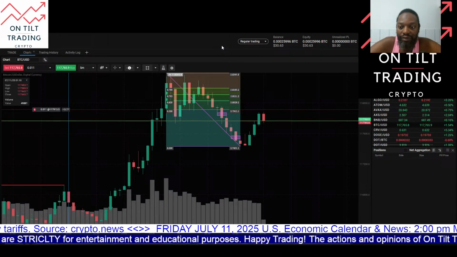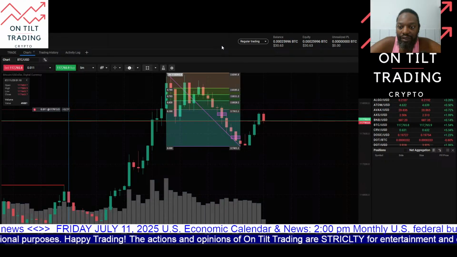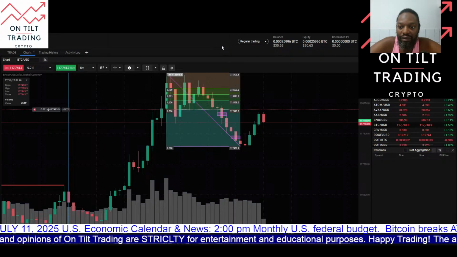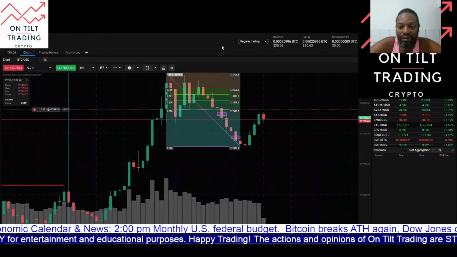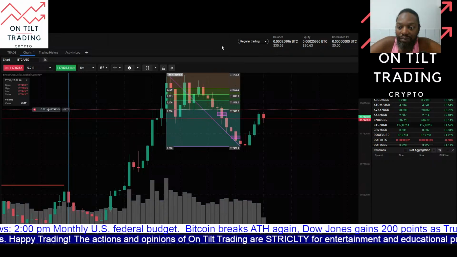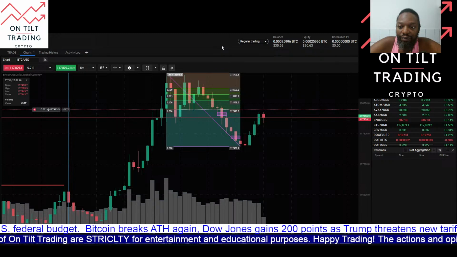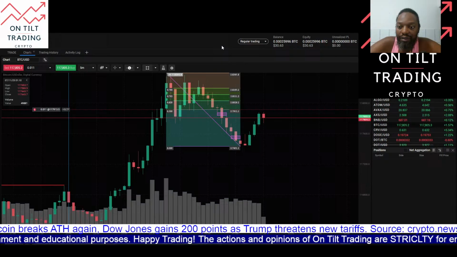Another strong reaction here, price consolidating between 117,750 and 117,800. Back at 117,800 with buy side delivery here. Price consolidating here.